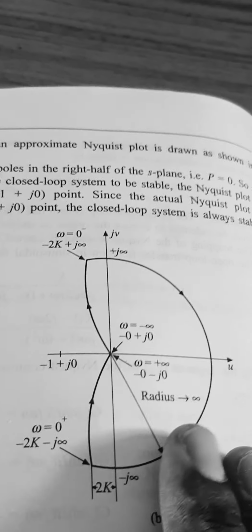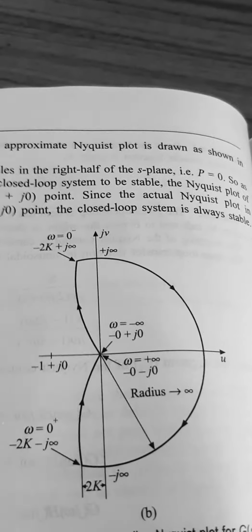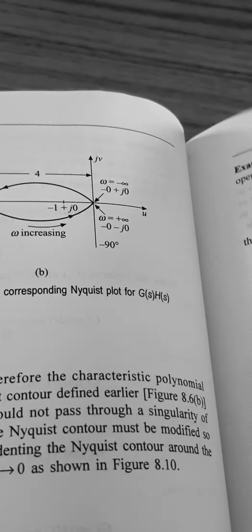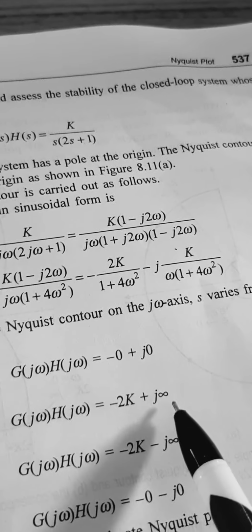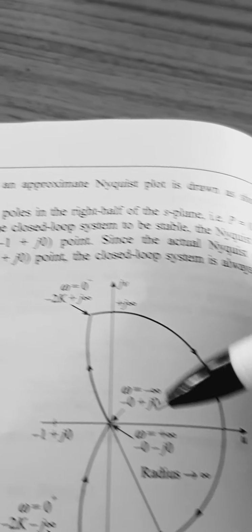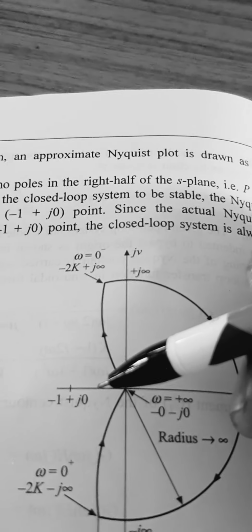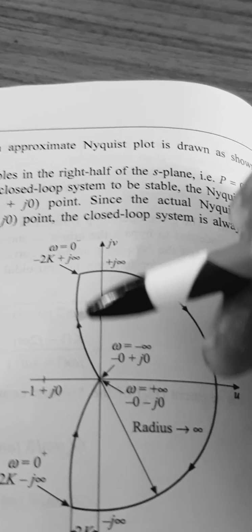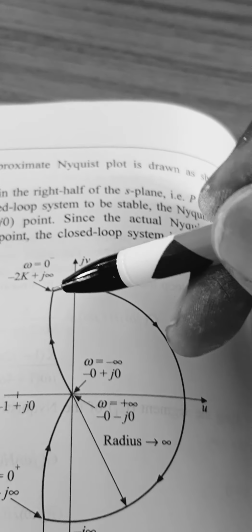Then next we go to omega is equal to 0 minus. When omega is equal to 0 minus, you are getting minus 2k plus j infinity. So the real term is minus 2k, and plus j infinity is up here, so you are getting a point here.